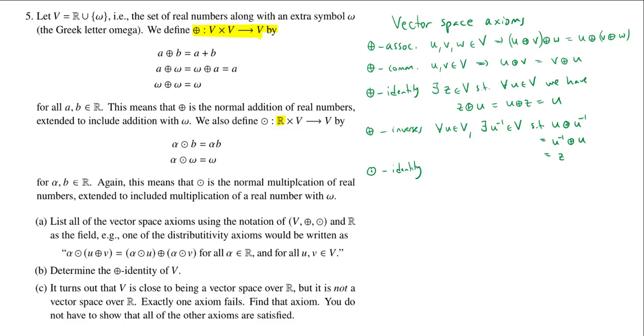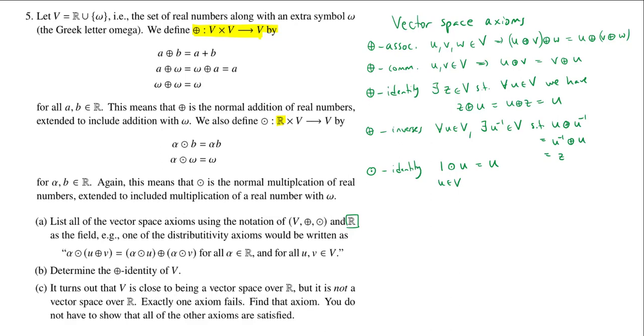What that means is if I take the identity in the field, which is R, we know what the identity in that field is. It's 1. So if I take 1 and do 1 O dot u, where u is in V, this is supposed to equal u. All right, so there's that axiom.